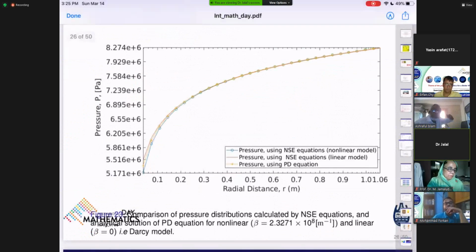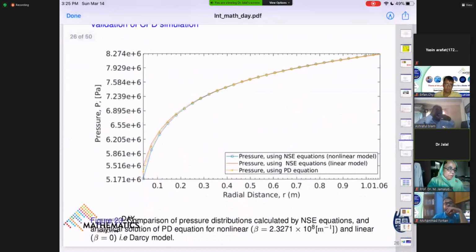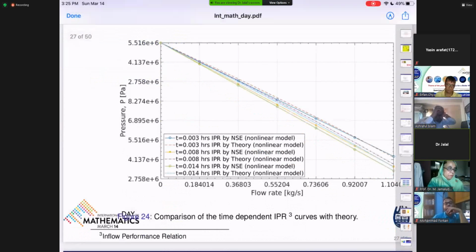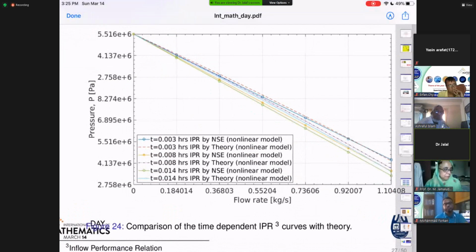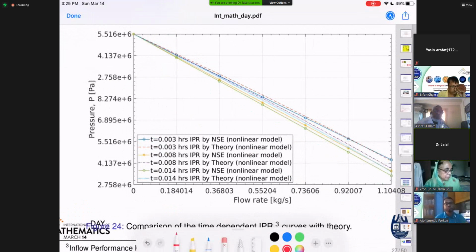So now we also verified our mathematical simulation model here, the numerical algorithm. If you see, this is the time, a small time. This is the larger time.